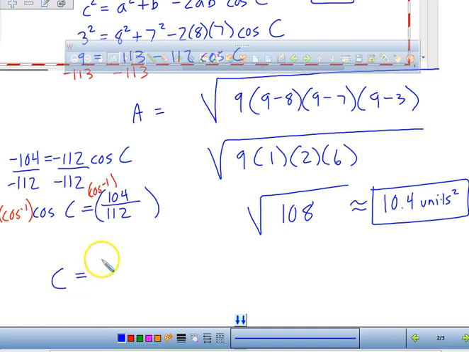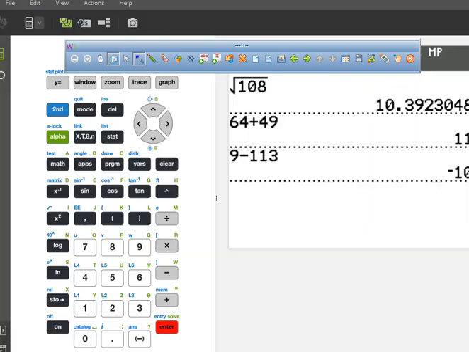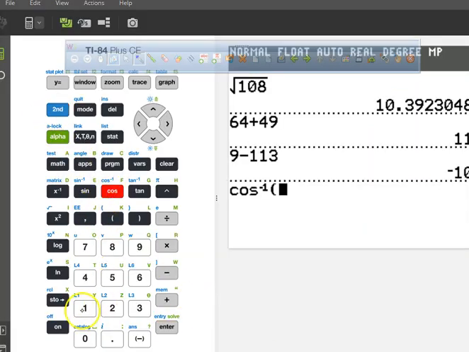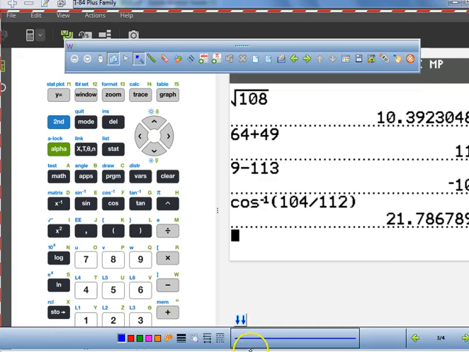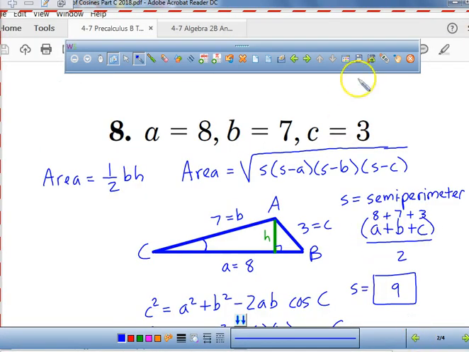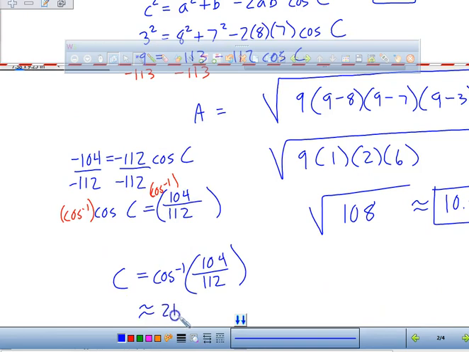So C will equal the inverse of cosine of this, which is 21.8 degrees.